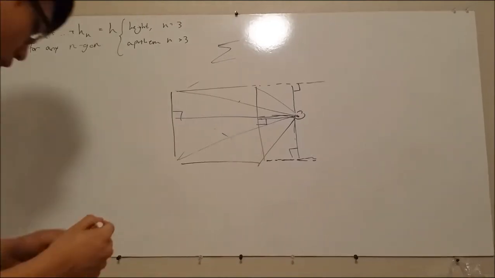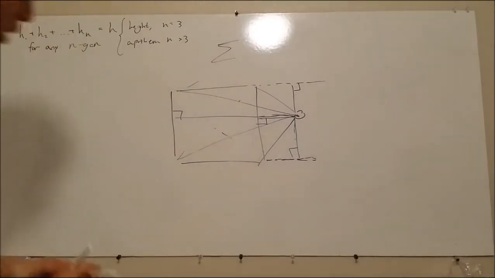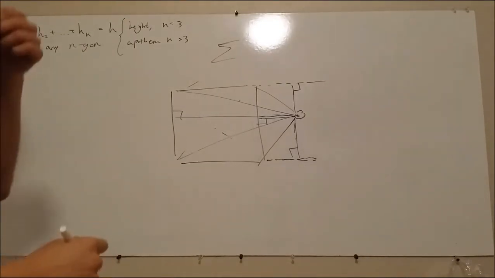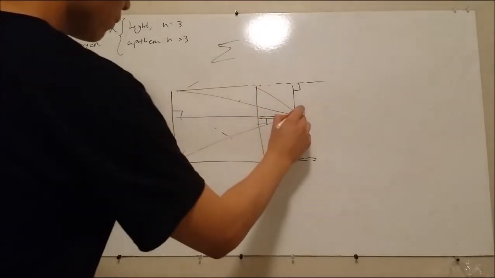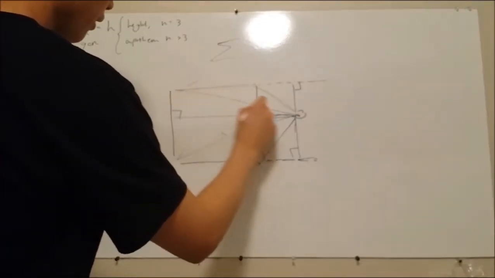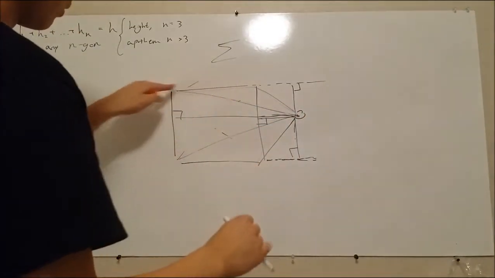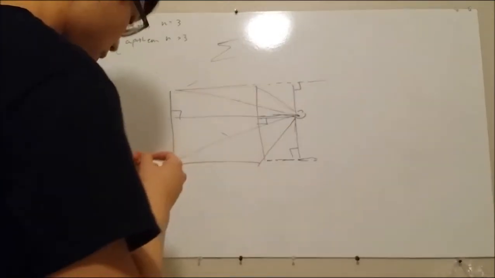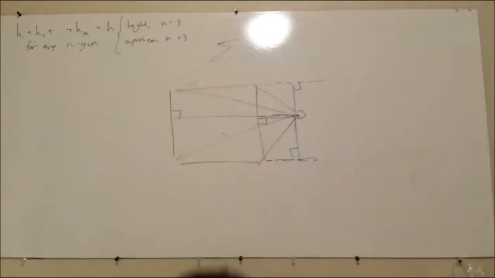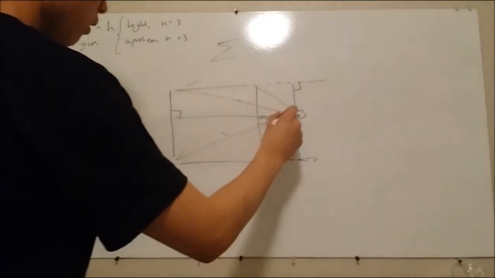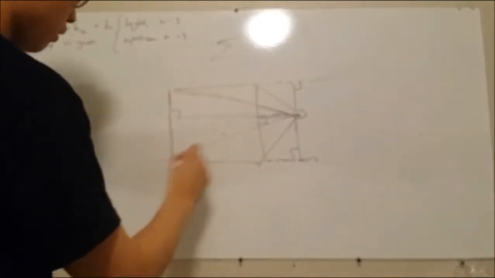And what I'm going to do is a little strange, but it's not different from what we did before. Essentially, we still have 4 triangles. We have the first triangle right over here, going into this edge. We have our second triangle right over here.